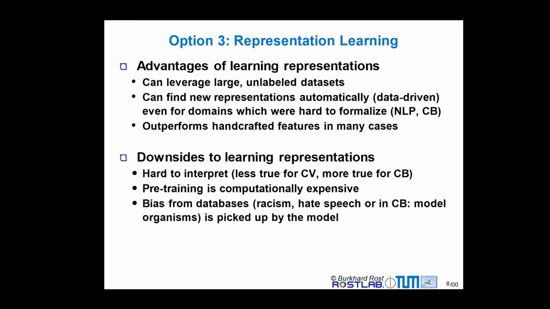Because all these models pick up the bias in today's databases that you use to train them. And this can be racism: if the underlying database used for training was mostly dominated by black males, then your model is a lot more likely to predict that a black male, no matter what he did, is a criminal. Same goes for natural language processing.